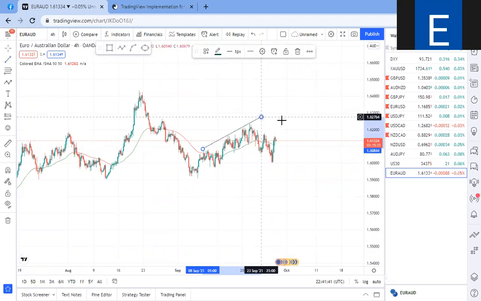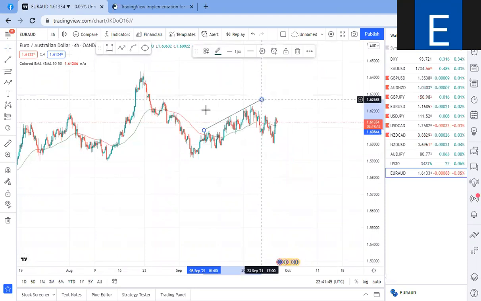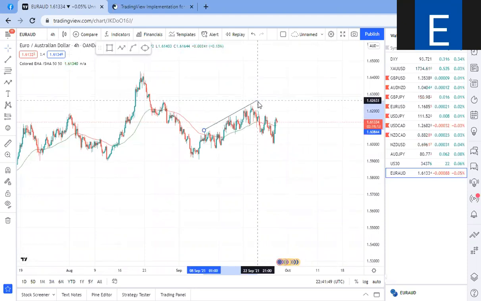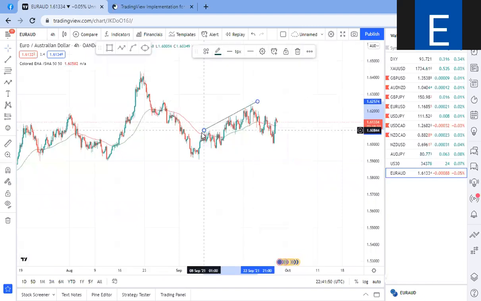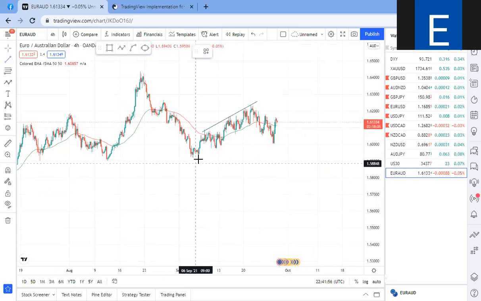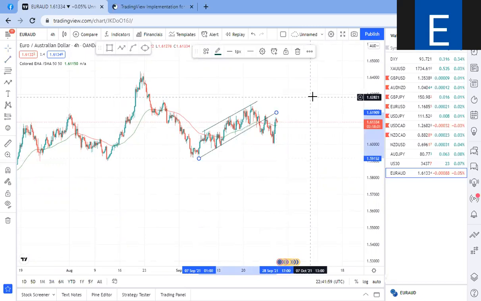Nice. It later happened, but I was not on the charts then. I was not actually watching the charts when this one happened. I just analyzed and left it.